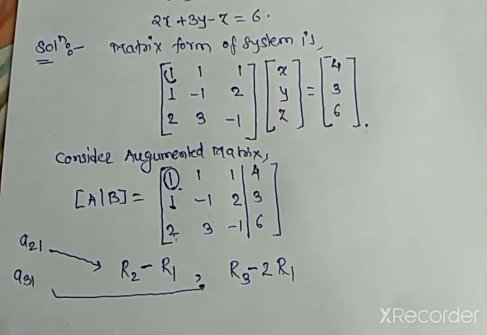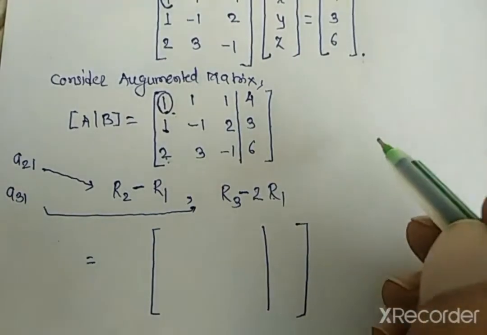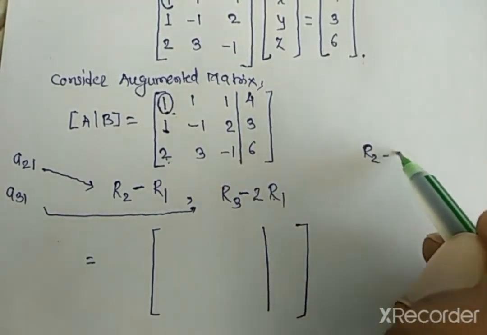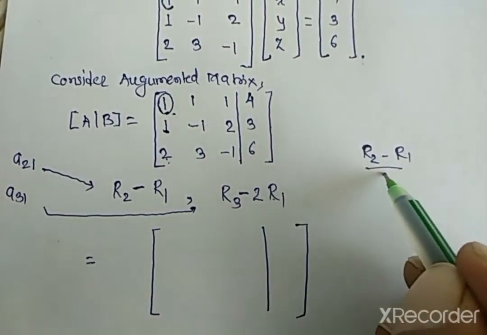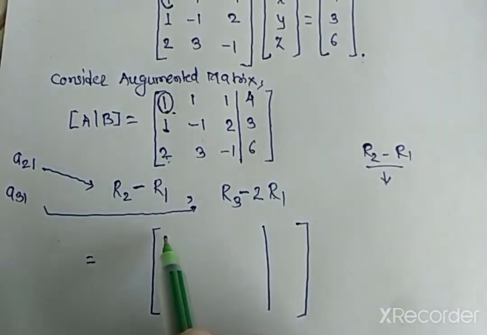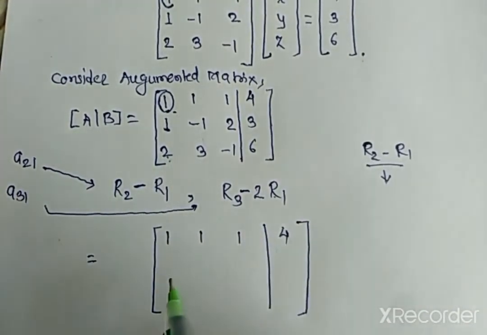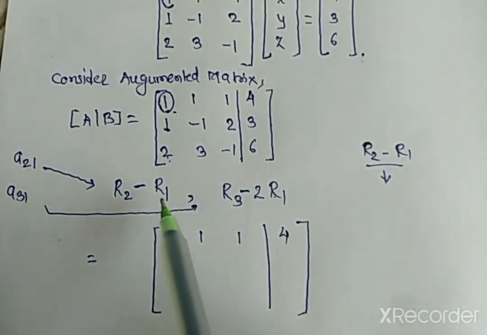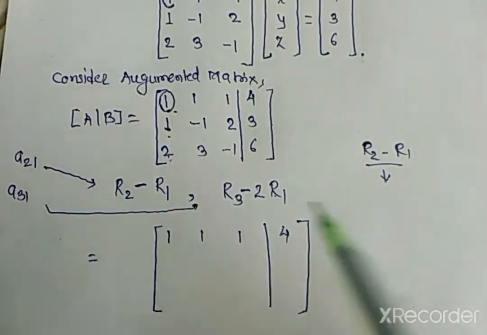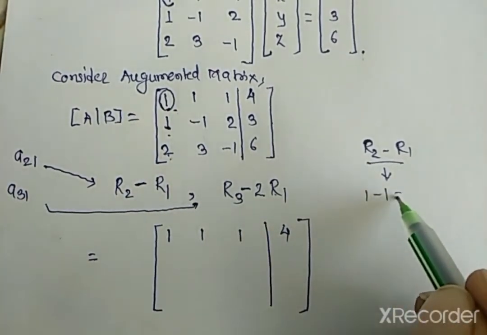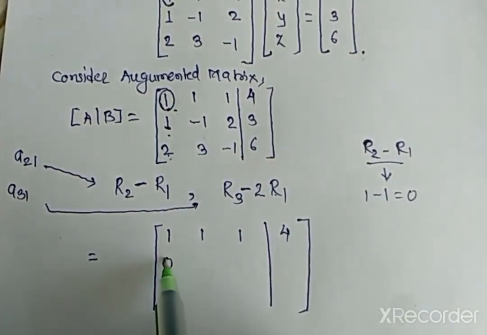Now the row operation R2 minus R1: the first row remains as it is, 1 1 1 4. The second row will become, using R2 minus R1 on R2, 1 minus 1 equal to 0, so its first position is 0.